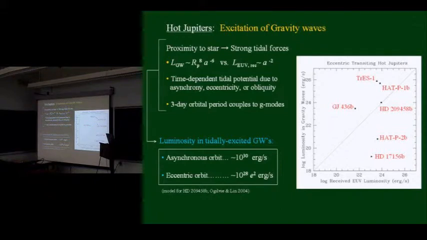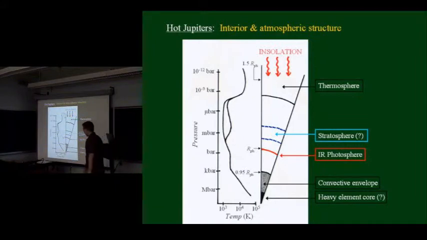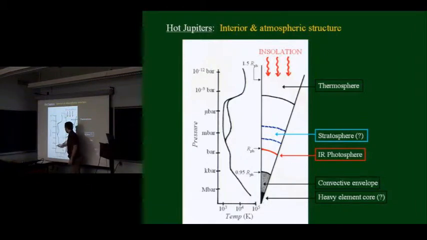If you're exciting it by the lowest order tidal component, that's the l equal 2 mode. That's right. So it varies. But in the models that I'll be considering as an initial look at this problem, I'm treating the atmosphere between the base of the radiative zone and the base of the thermosphere as isothermal.